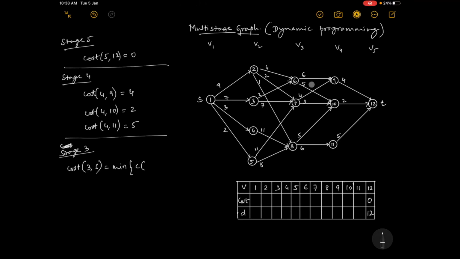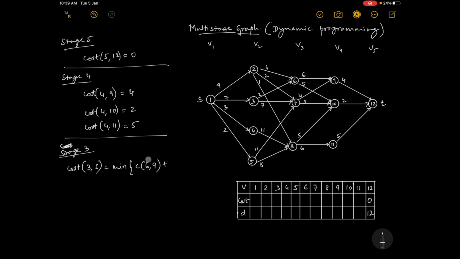C of, okay, see, this is the weight, I am writing the weight, C of 6 to 9, correct. See here, if you want to reach from 6 to 12, what is the total cost? 6 plus 4, correct. So that 6 plus 4 I am writing in a certain way.